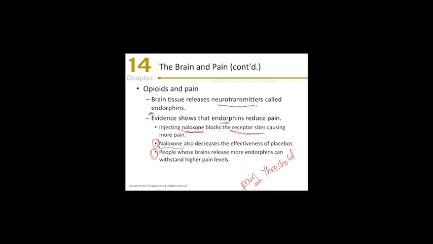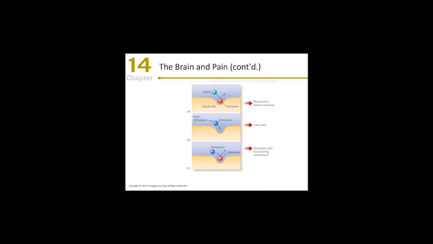Now, naloxone is a special drug because it's actually given to reverse the effects of heroin. Heroin and other opioids, morphine for example, and in the case of endorphins, neurotransmitters, bind to specific sites.